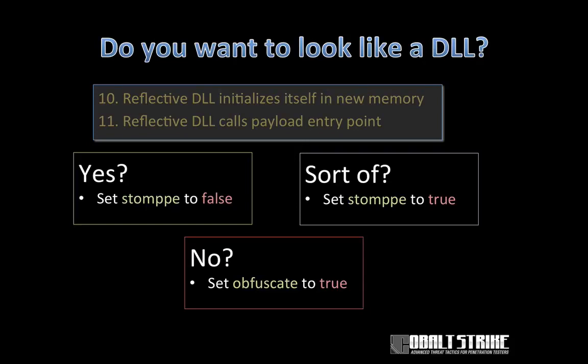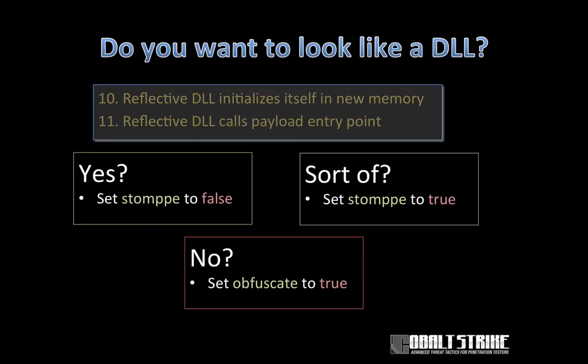Previously, obfuscate would go through your beacon DLL and mask its import table and mask a few other strings that give it away as a DLL. It still does those things. In fact, it actually goes through and masks and obfuscates a lot more things. So that's great. But obfuscate does something else.